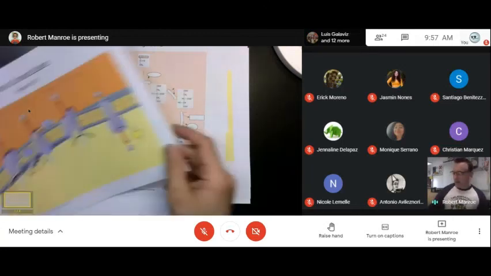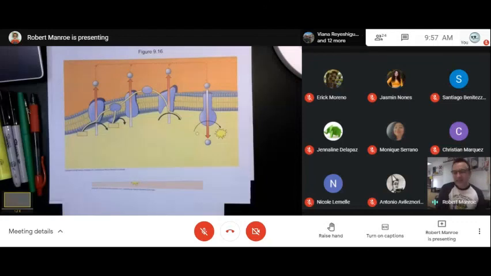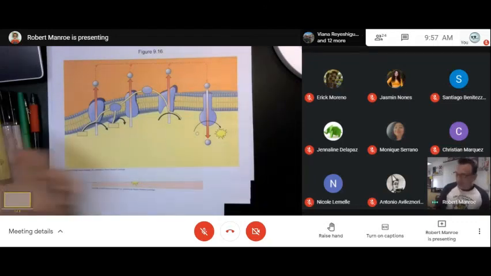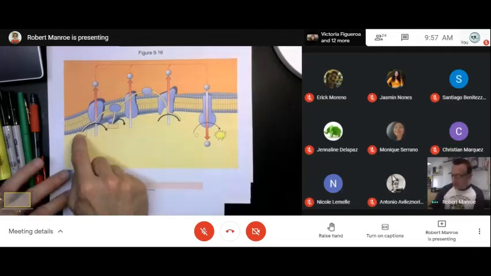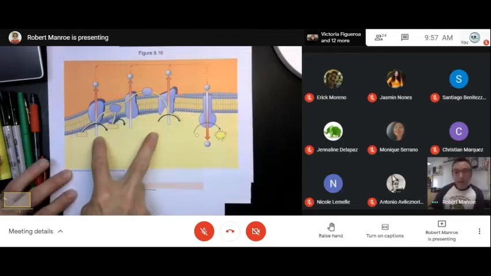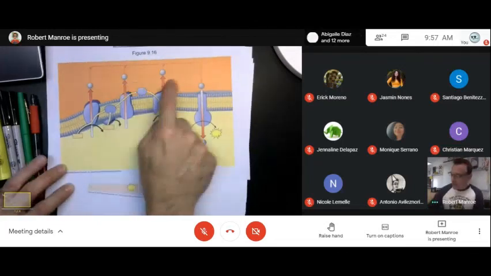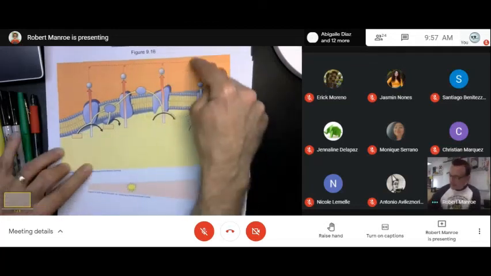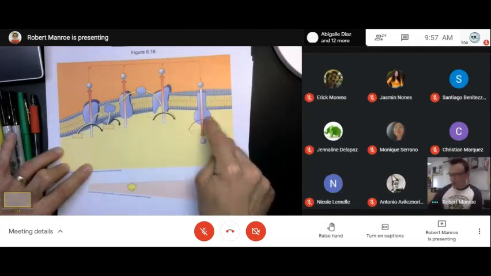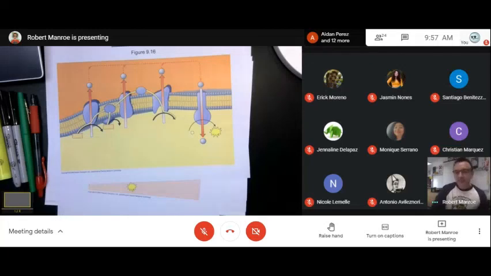And then after Krebs is the ETC. Look familiar? Electron transport chain, flow of electrons, pumping of protons, proton gradient, chemiosmosis, phosphorylation.